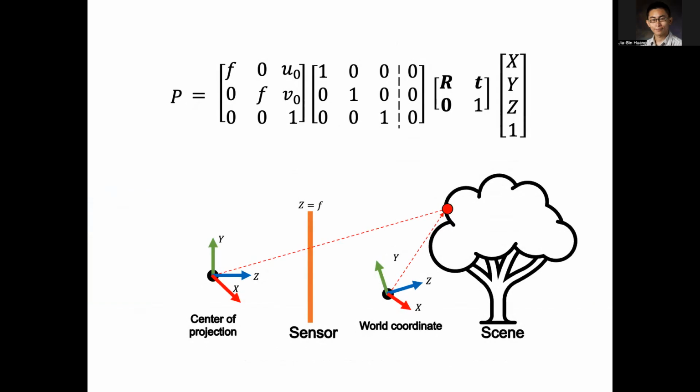Then you have a projection onto the camera coordinate system, and then you scale it and shift it so that you get an image coordinate system. So from XYZ in the 3D point to XY in the 2D point on the image plane. These are the camera to image transformations.